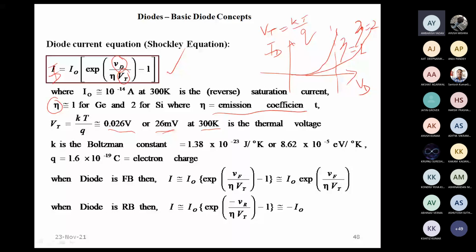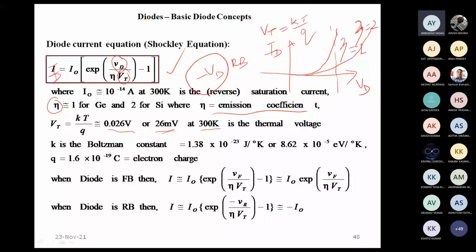In the reverse bias also the same equation is valid, because in the exponent V_D will become minus V_D for the reverse bias, and that is going to decay exponentially.